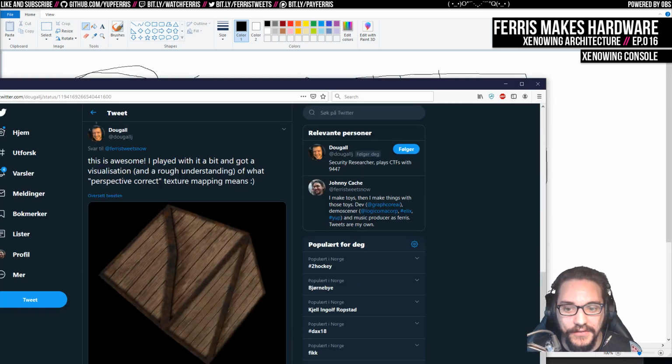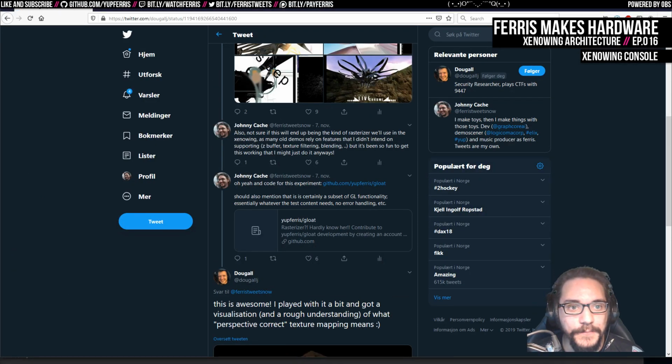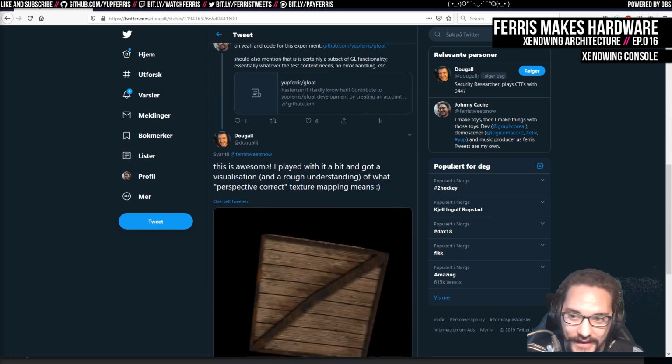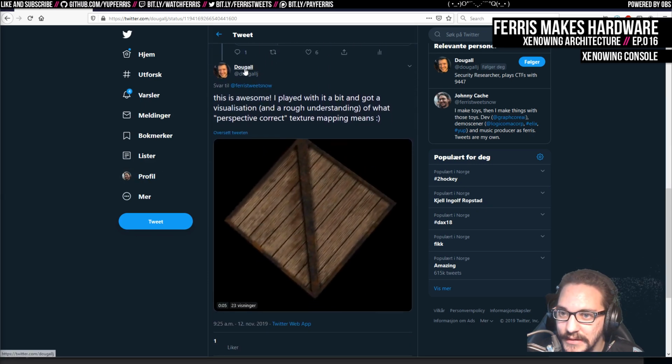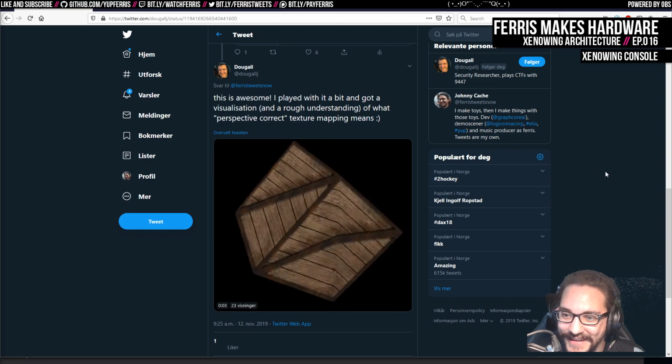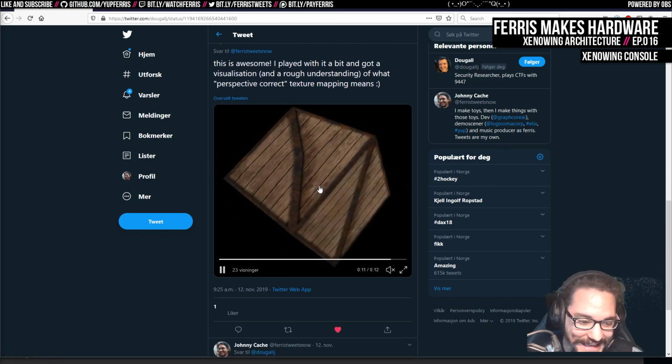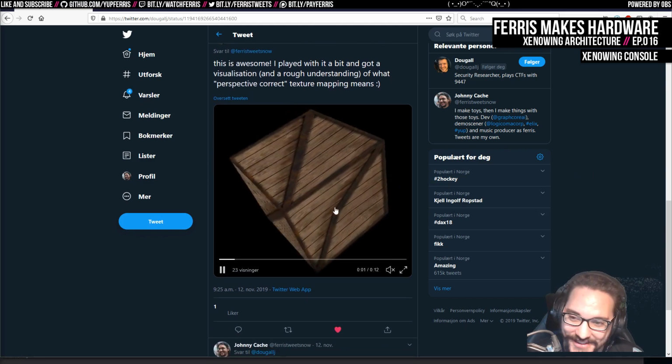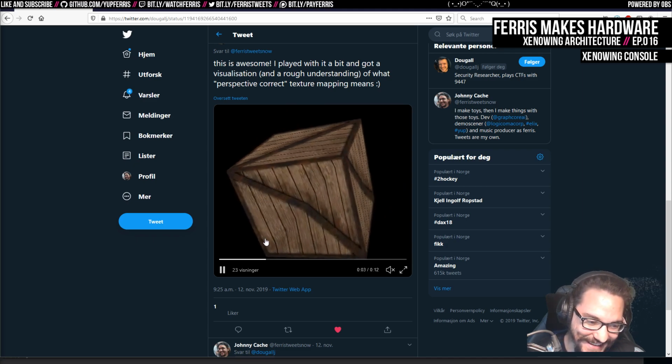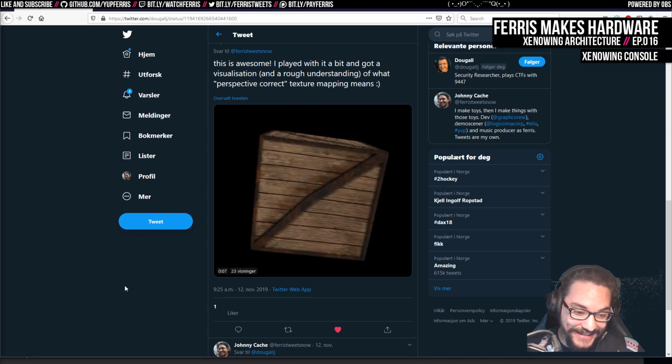By the way, I totally forgot to bring this up. I had posted this renderer on Twitter, and someone, Dougal, actually downloaded it and followed a tutorial and made this textured cube against the software renderer. This was totally unknown to me.